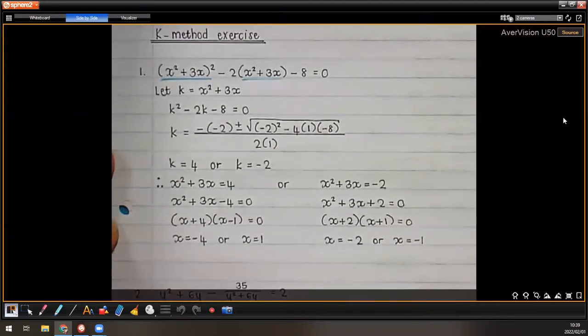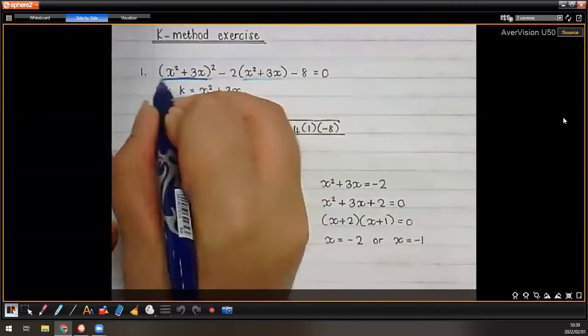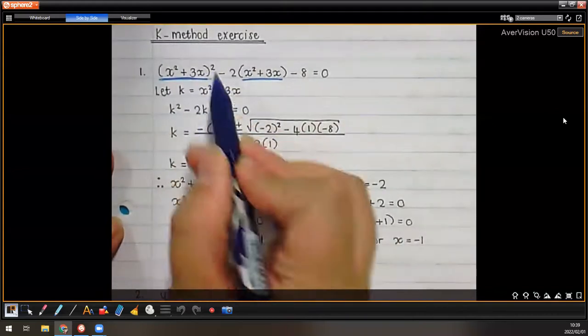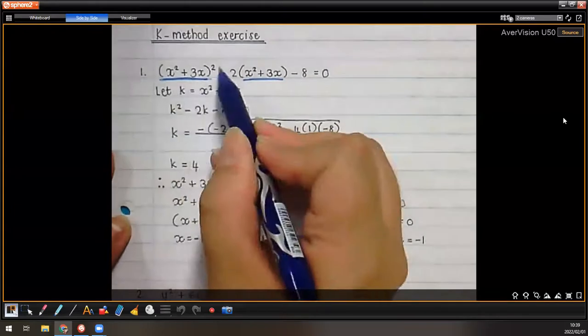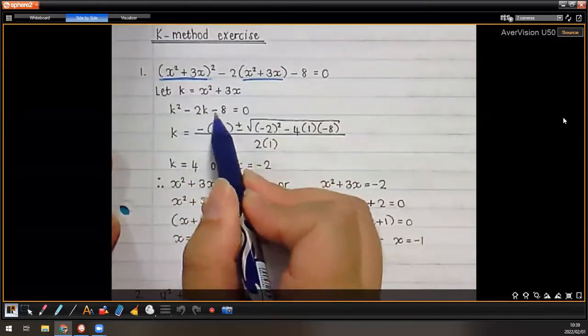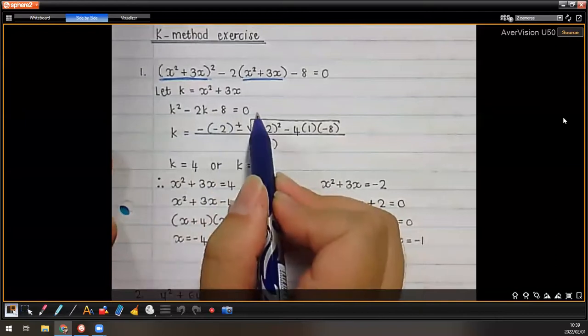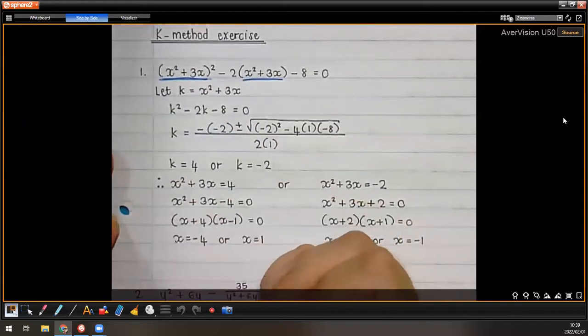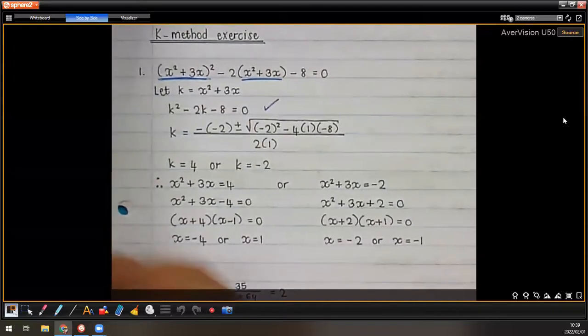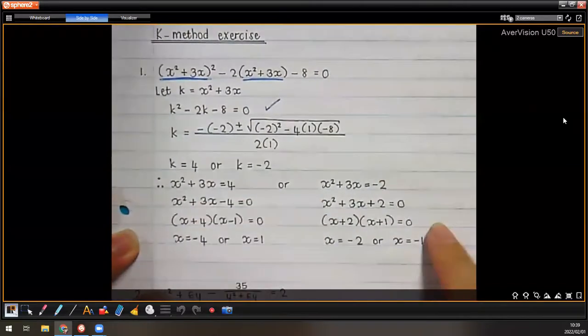It makes it easier. So if you underline that and you underline that, it's going to be the underlined bit squared, so k squared, minus 2 times the underlined part, so minus 2 times k, minus 8 equals 0. Then you can solve this whichever way you want.